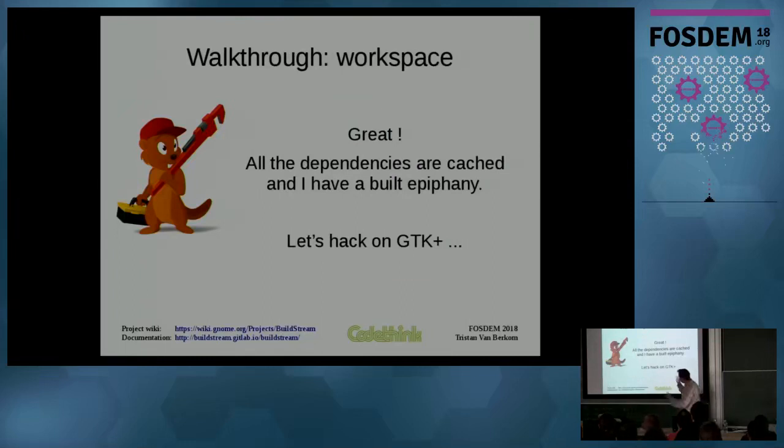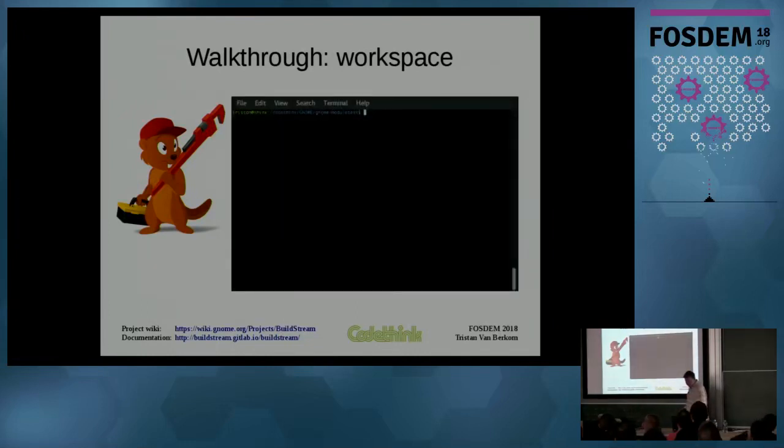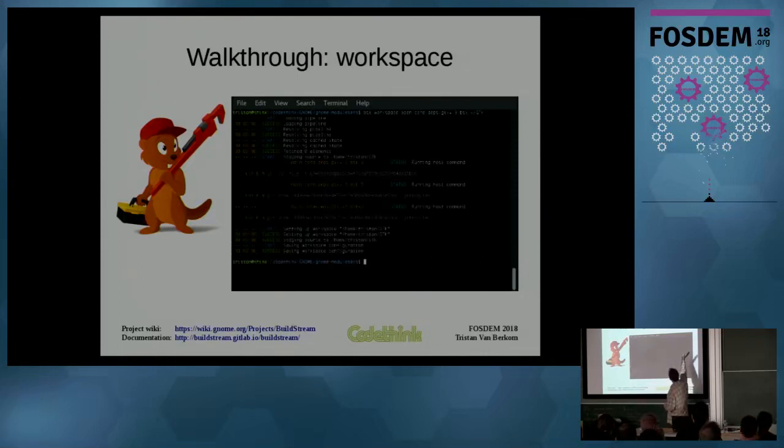So I have an Epiphany that's built and I want to hack on GTK. So I'm going to open a GTK workspace. Here I'm saying bst workspace open, and then the element gtk3.bst, and then a directory, right?